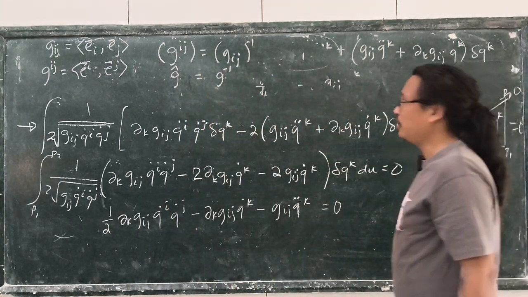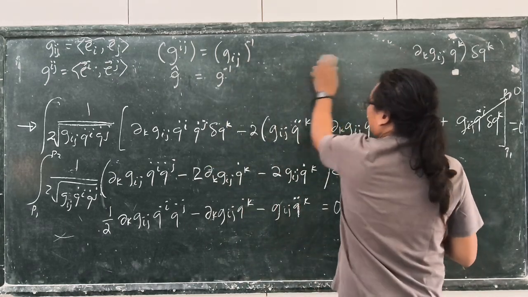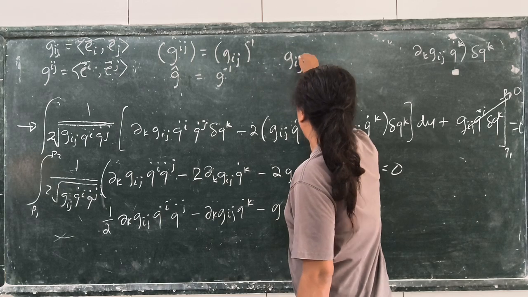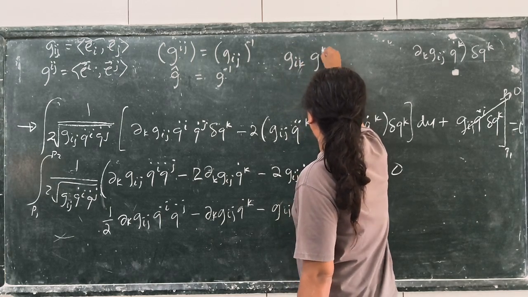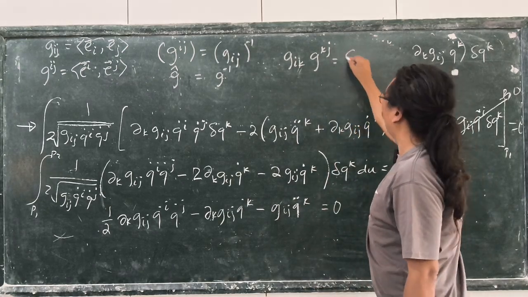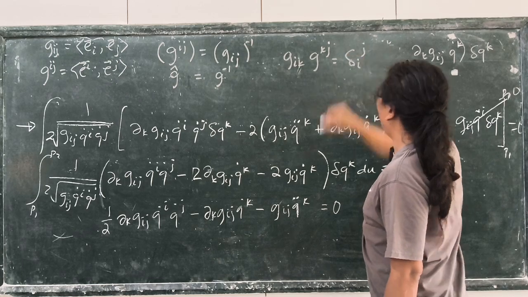These are matrices. So therefore, if we have this, we must have Gij or Gik, Gkj, right? Must be equal to delta IJ. Yeah.